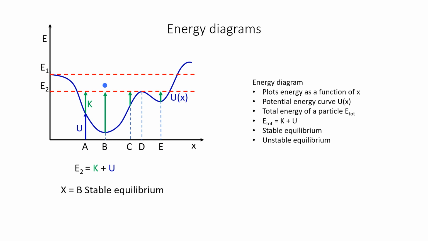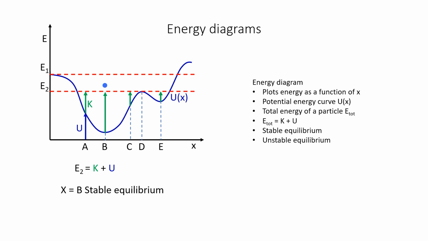When the particle gets to point B, it's going as fast as it can. It has the highest kinetic energy for this energy E2. It'll keep going to the left until it reaches its turnaround point to the left, and then turn back around and go to the right again.